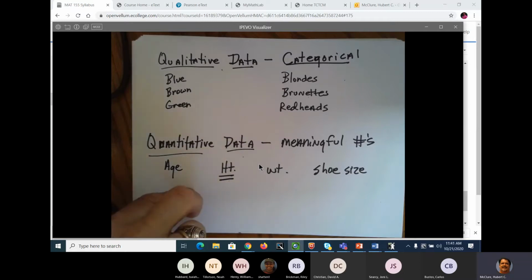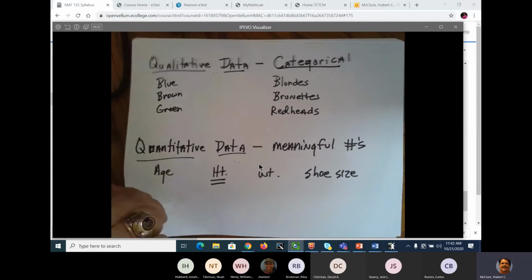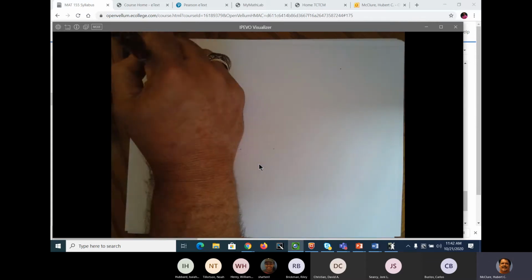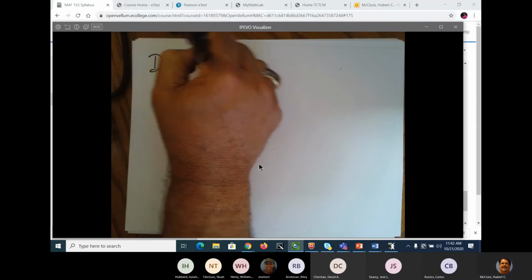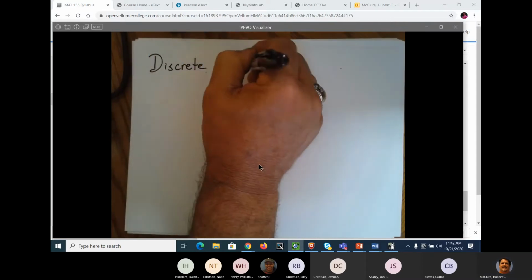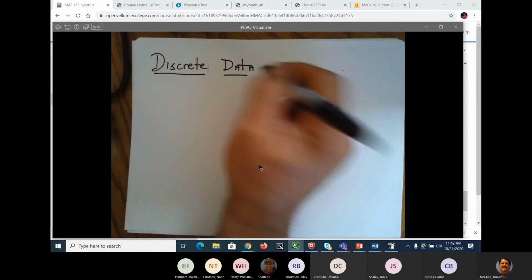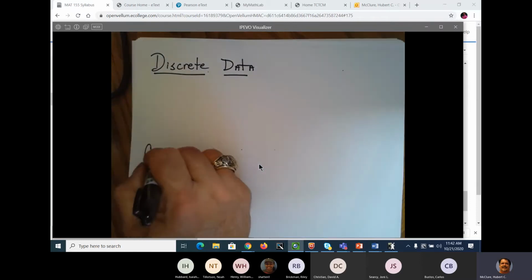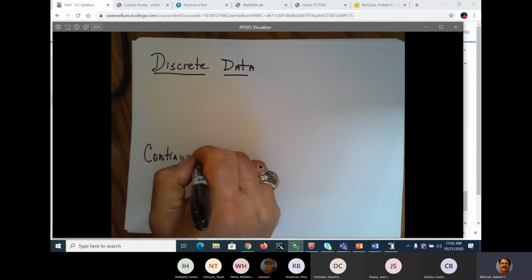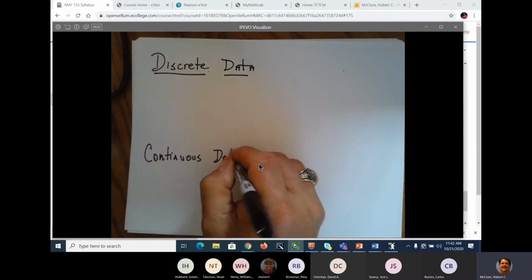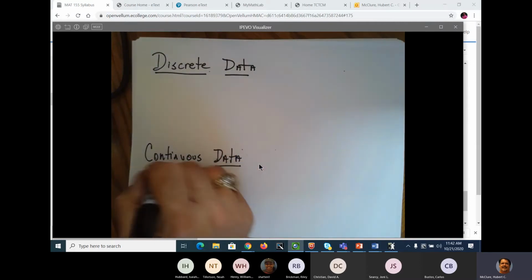There's two types of numbers also. There is discrete data. And then there's continuous data. These are test questions.